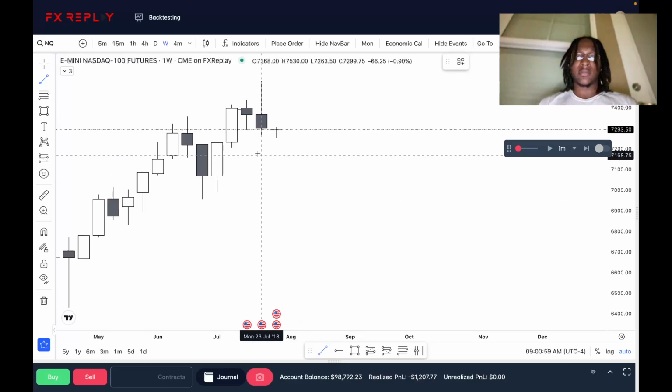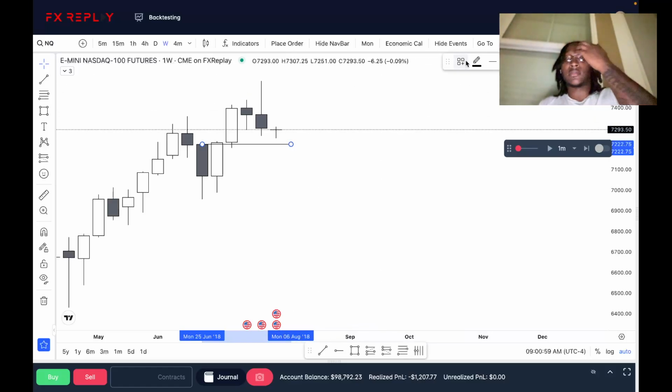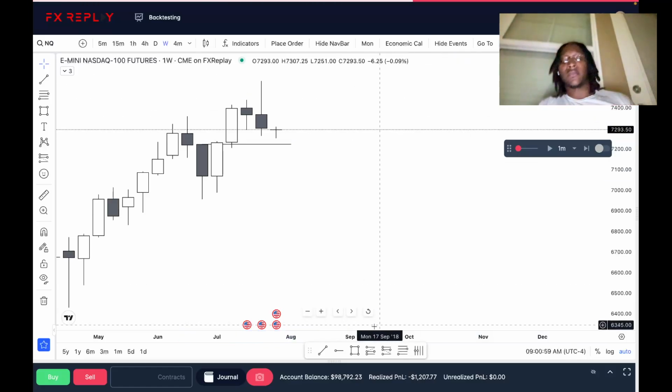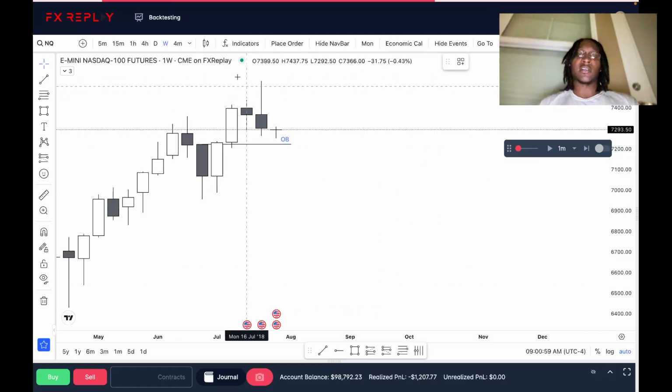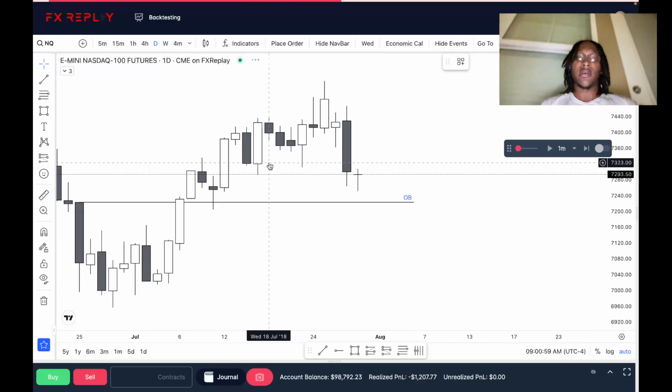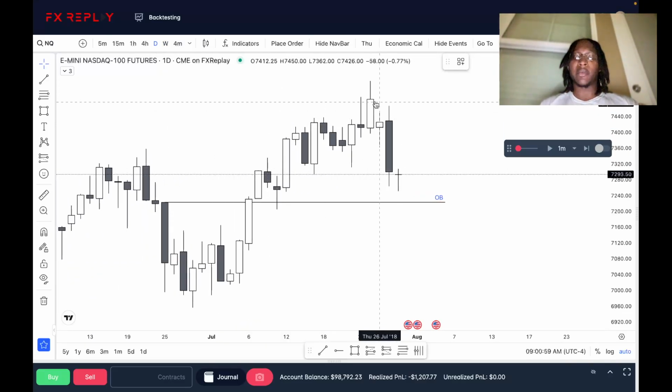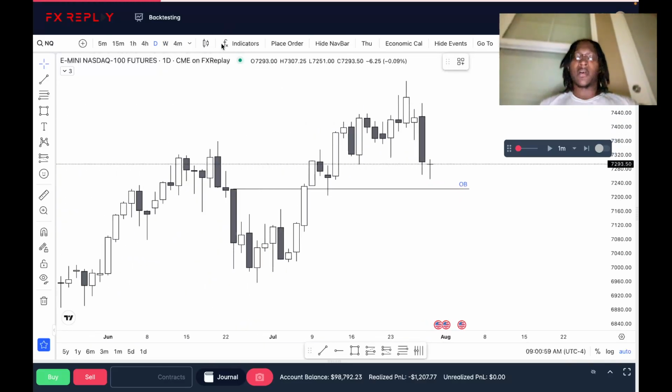Okay, so we have the run here. We have an order block here that price can come down to at the key level, especially for it to close above sell side liquidity. We're doing it down here as well.